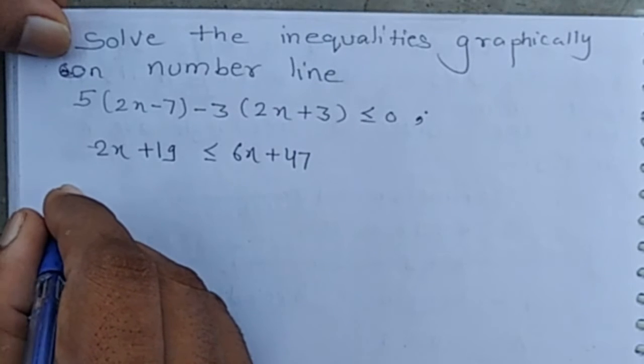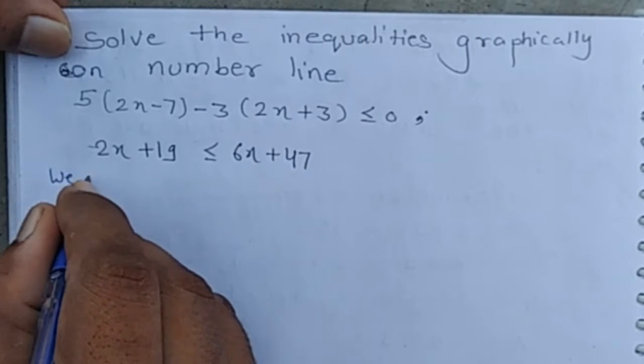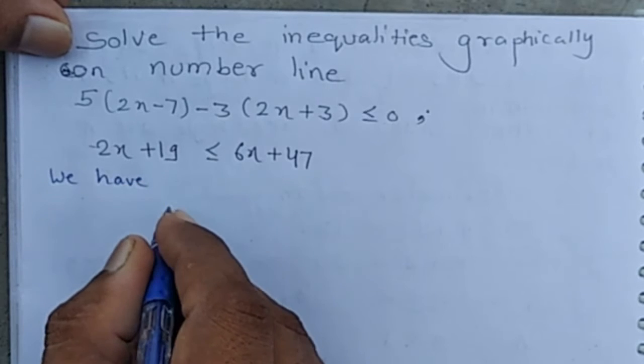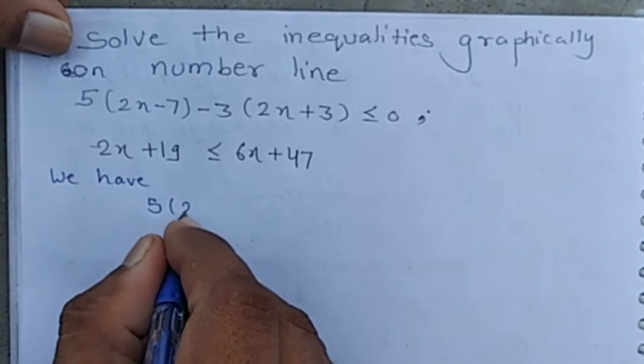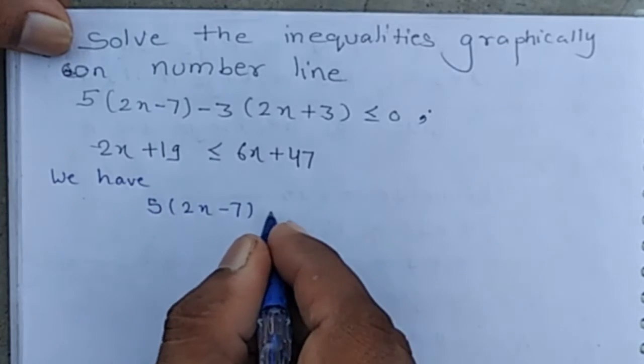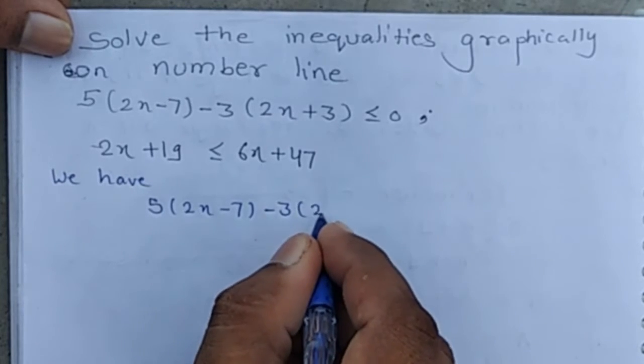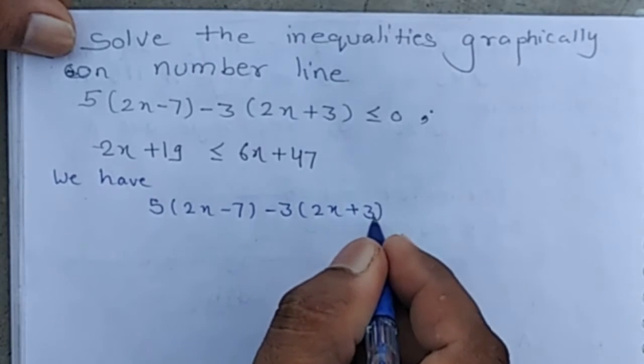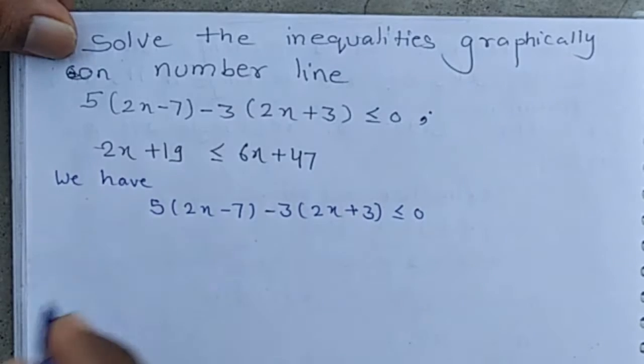5 into 2x minus 7 minus 3 into 2x plus 3 is less than or equal to 0.